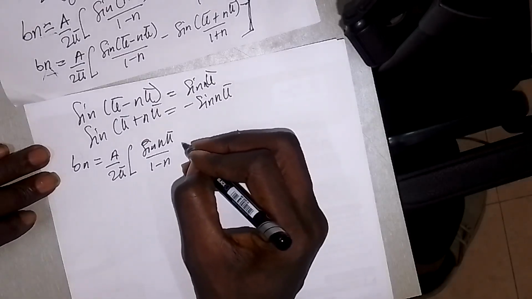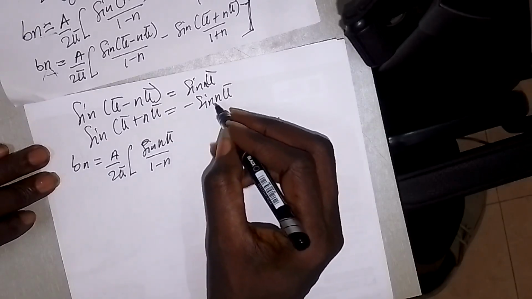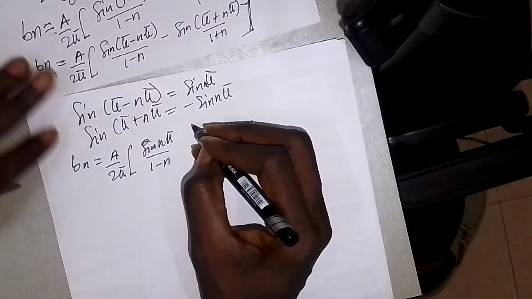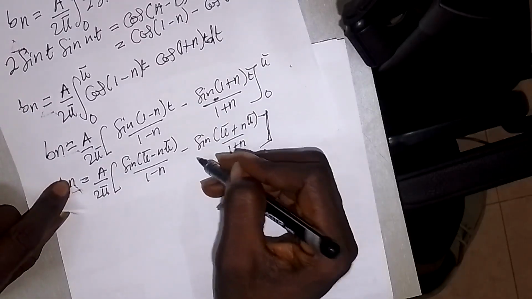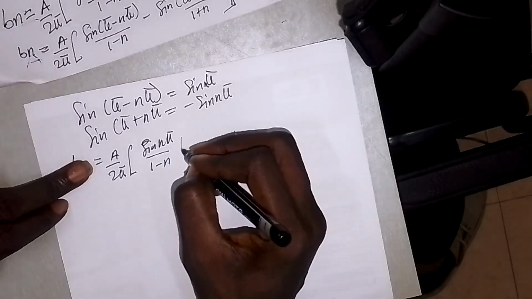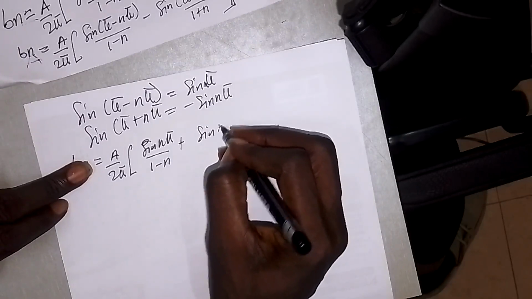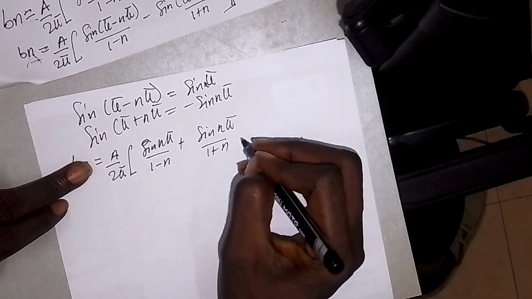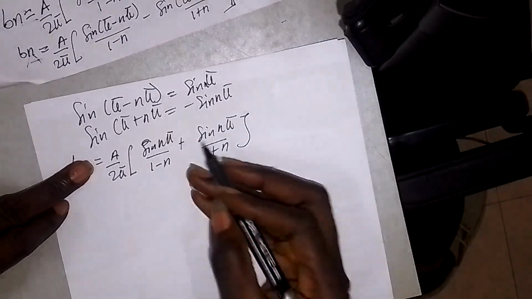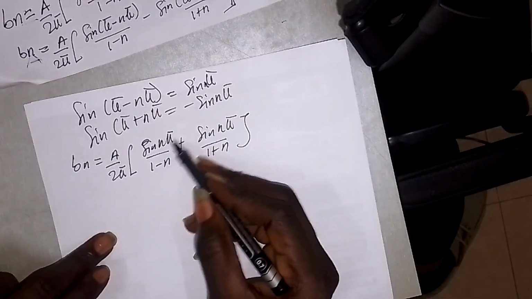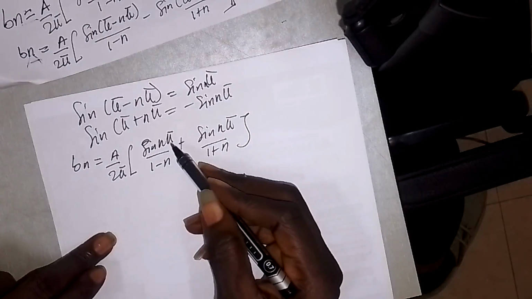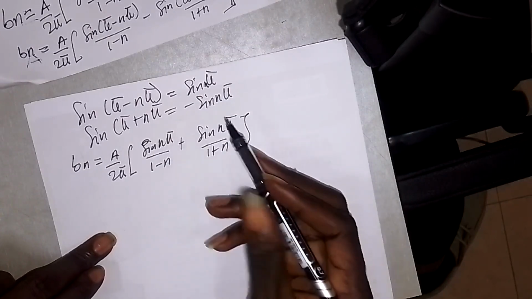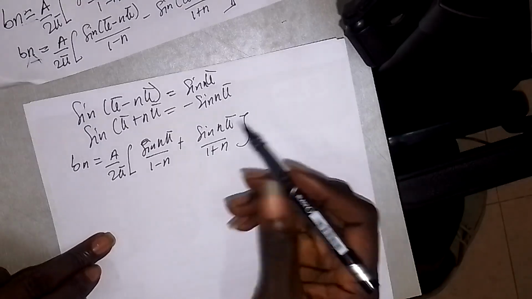Here it's minus minus, so this place is going to be plus. So plus sine n pi over 1 plus n. If I put in any other value like 2, I'll have 2 pi. So sine 2 pi, what is sine 2 pi?